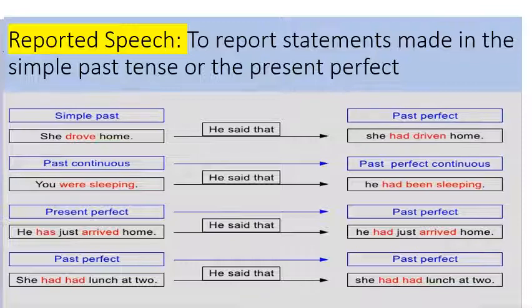It will be the past perfect again. If your original sentence is in the past perfect, she had had lunch at 2, it remains in the past perfect. You don't make any sort of changes. Okay? This is how the reported speech is changed in different forms of the verb.